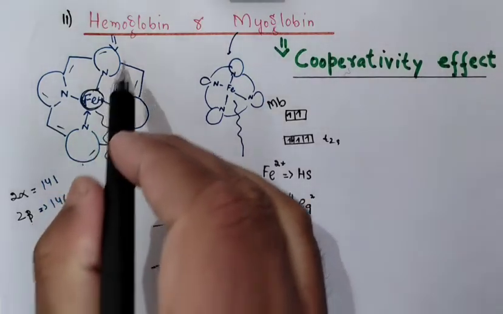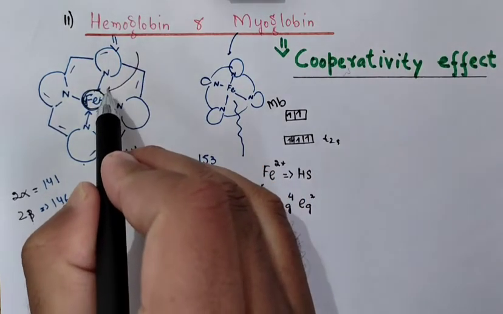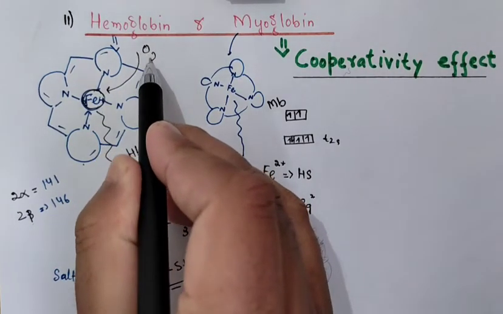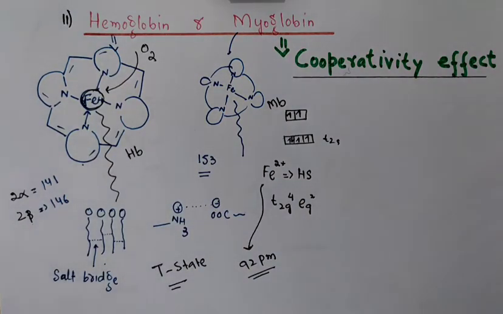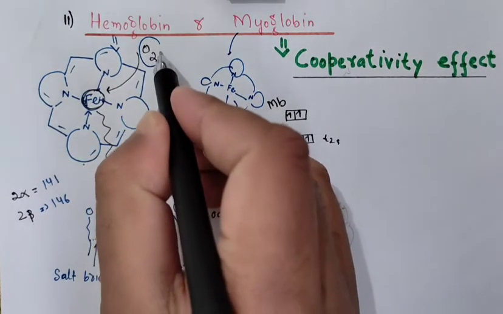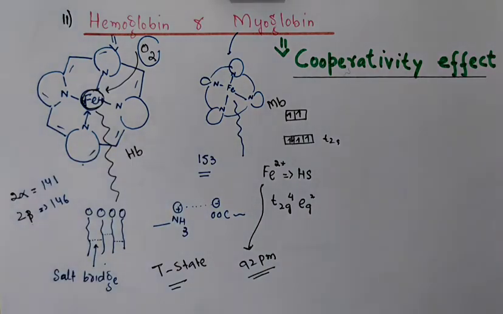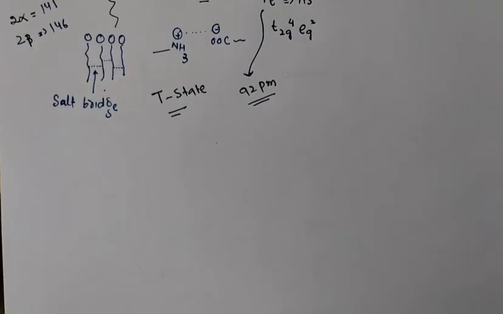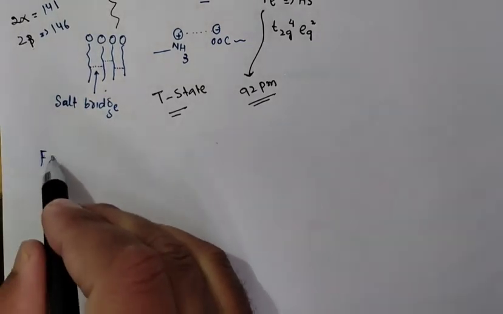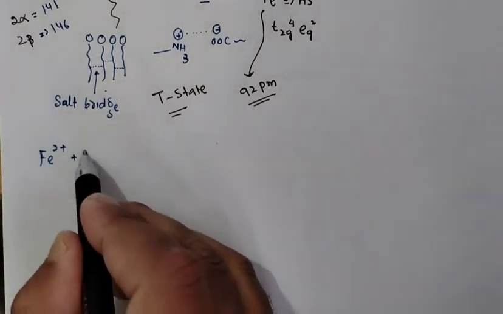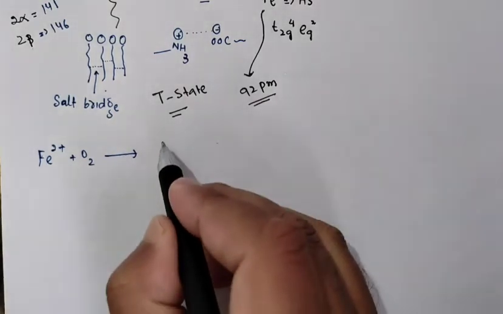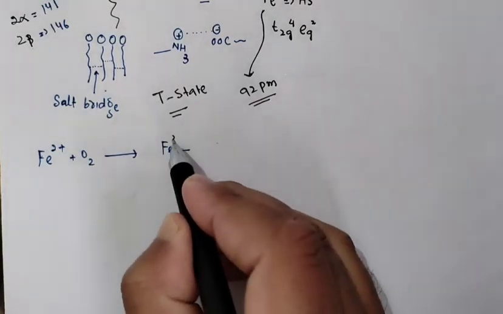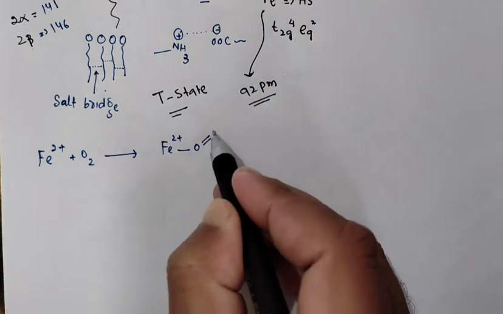Now when the oxygen binds, remember same is the case with your myoglobin also. ठीक है, so when the oxygen binds with this iron, the oxidation doesn't occur. Remember this, even though some of the books show oxidation, no, it still remains in the Fe2 state. So after binding with the oxygen, it is still plus 2, and then this is your oxygen.